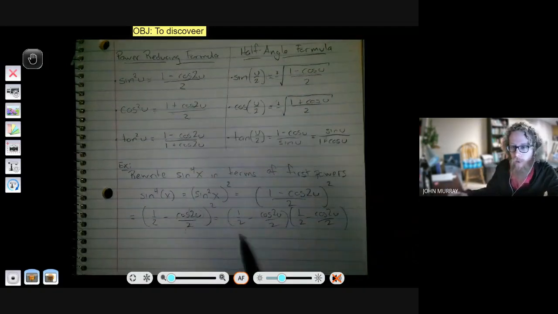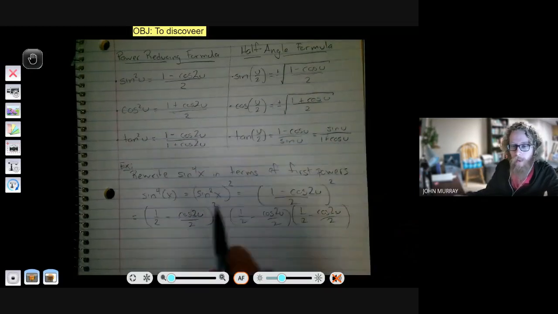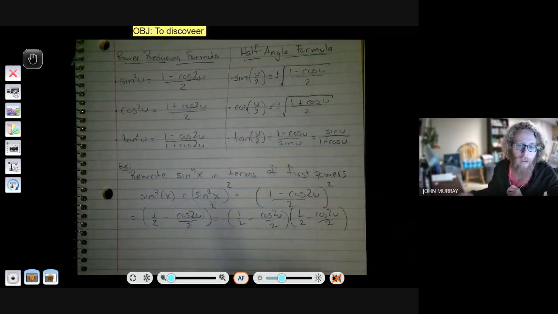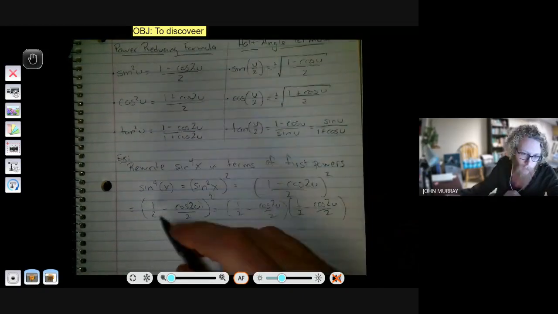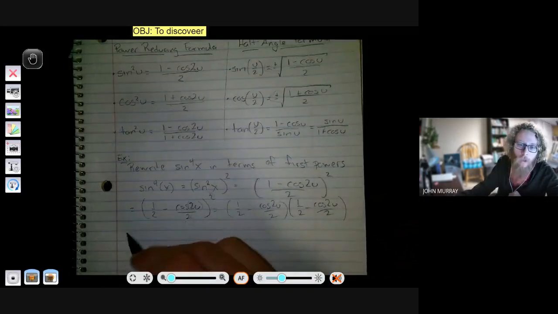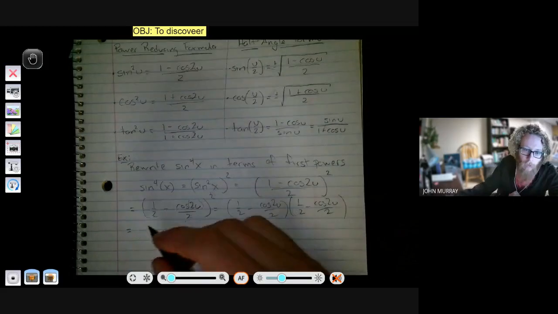Right, so first, outer, inner, last. Be careful. Do not distribute the squared. That's a common mistake. I see it all the time. Don't do that. I wish that was the way you could do it, but it is not. So once we do that, I'll shorten it for you.